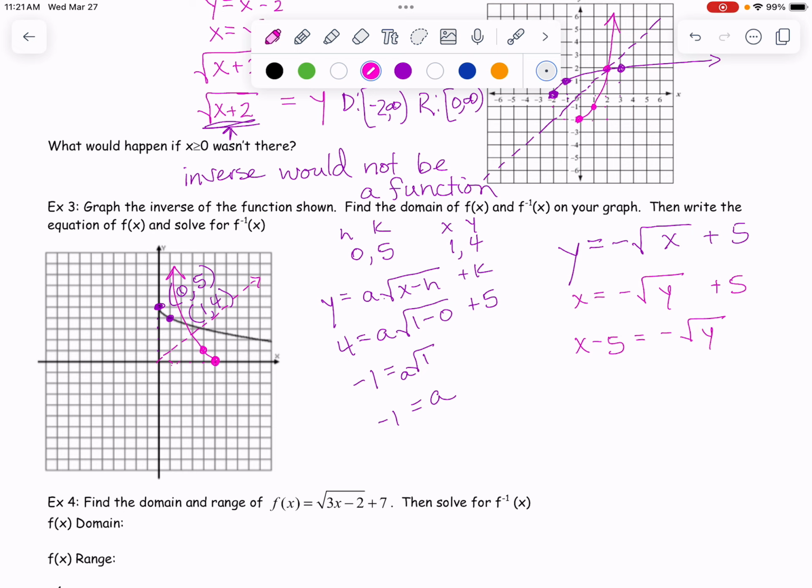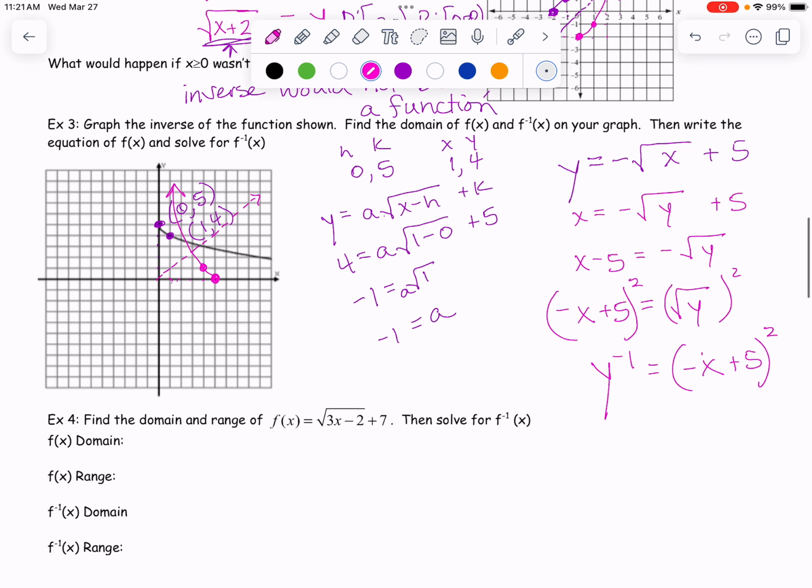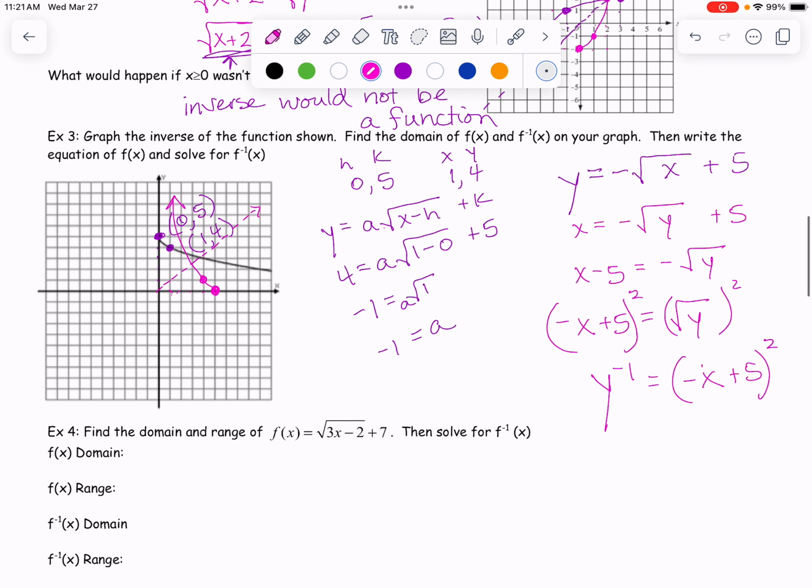And then I have to multiply everything by negative, and then I have to square. And this is my inverse. Okay, so my two equations would be, this is my original, and this is my inverse.